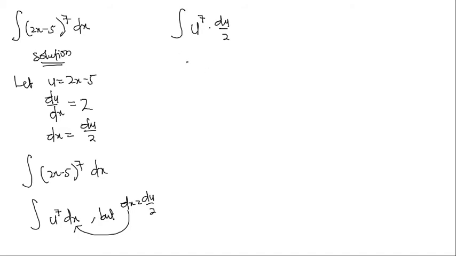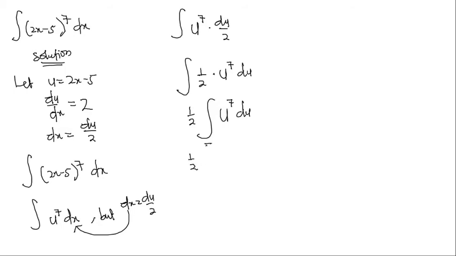This is on 2, so we can write it as half multiplied by u power 7 du. Because this is a constant, we bring it outside the integration sign, so we have half the integral of u power 7 du.